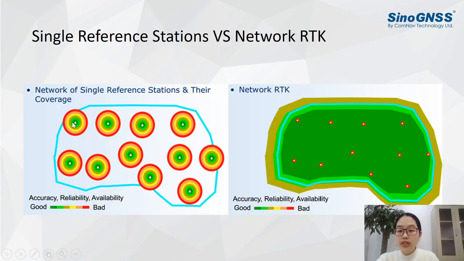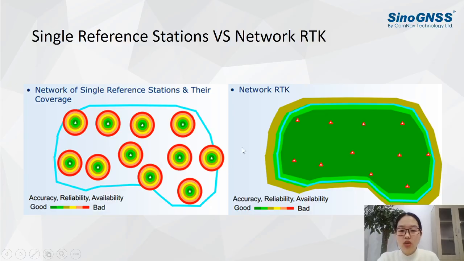When the rover is near the reference station, the accuracy and performance are very good, but when you go farther, maybe in the right area, the rover side maybe can only get a single solution. That's a problem.